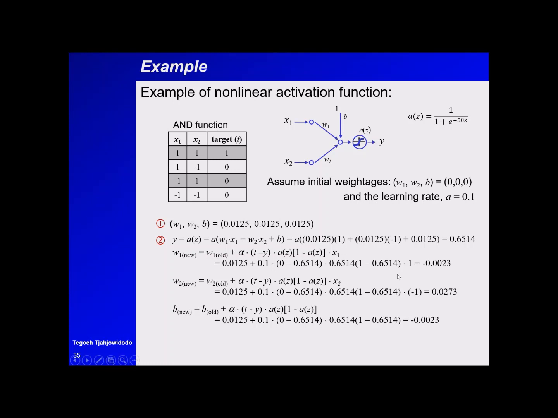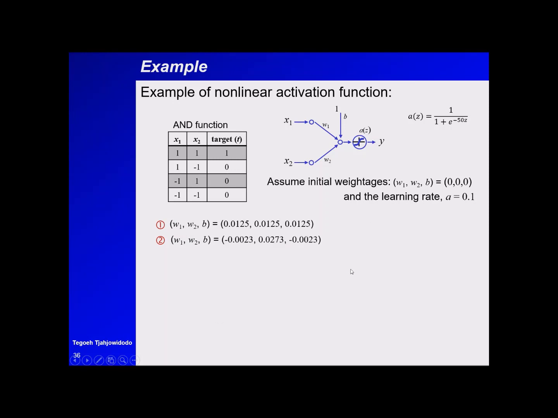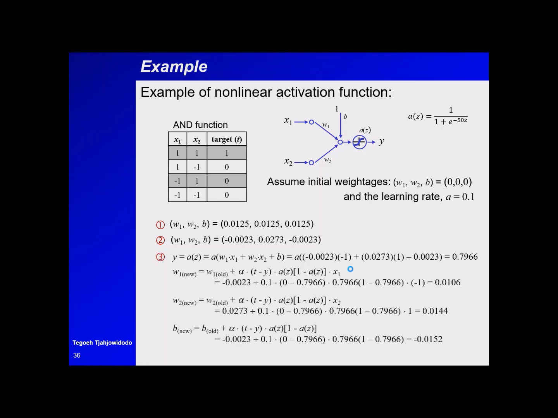I still see an error here. I got 0.6514 where my target is 0. So I take the third iteration with the new weightages W1, W2, and B. I calculate again the y for the third data set, minus 1, 1, 0, and the output from this net is 0.7966.